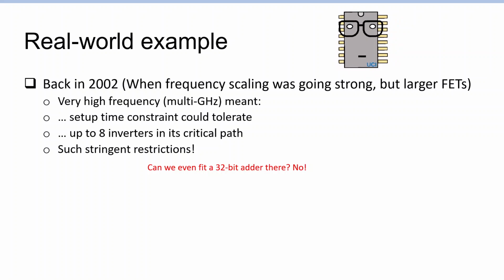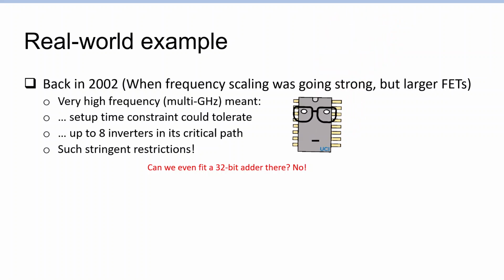Meaning, this is the age of the Pentium 4. When the Pentium 4 designs wanted to meet a very high, multi-gigahertz clock speed, the timing restrictions posed by this high clock frequency meant the setup time constraint of this circuit could only tolerate up to 8 inverters in its critical path.